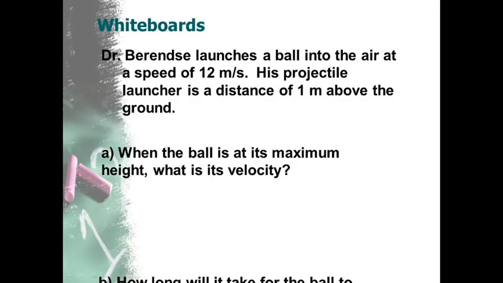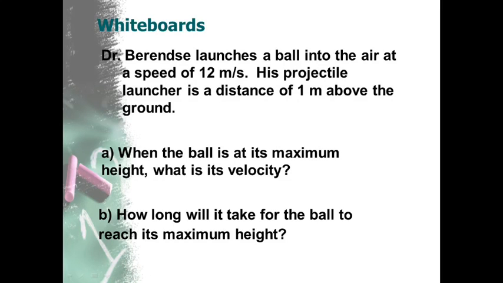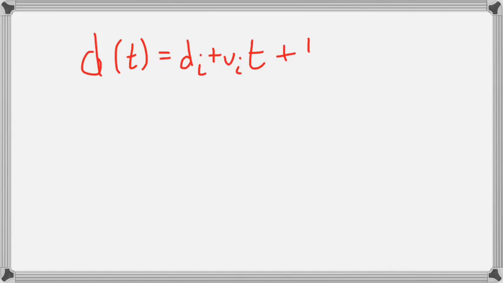Let me find a blank space to remind you of what those two formulas are. Make sure you write these down if you are not very good with memorizing formulas. The displacement as a function of time equals the initial displacement plus the initial velocity times time plus 1/2 times the acceleration times time squared.